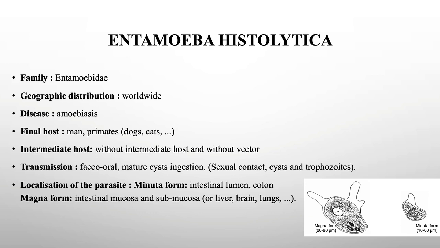If I take a stool sample or urine from that infected person, I cannot find that parasite. Why? Because it lives in the blood only. That's why the localization of the parasite is so important, to collect the sample and to detect the parasite.